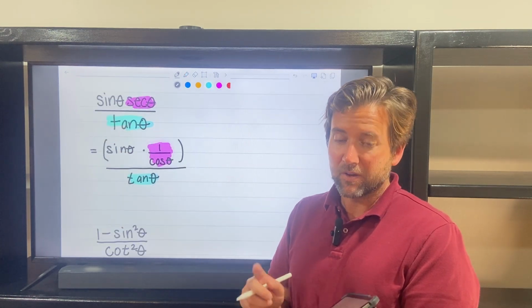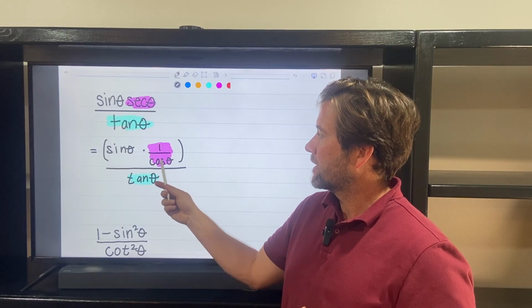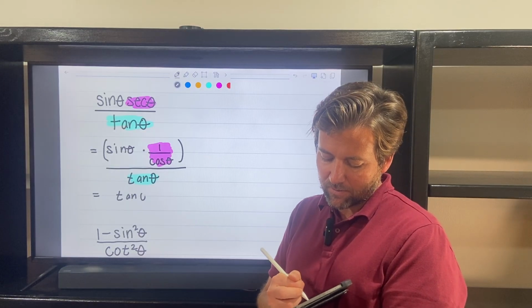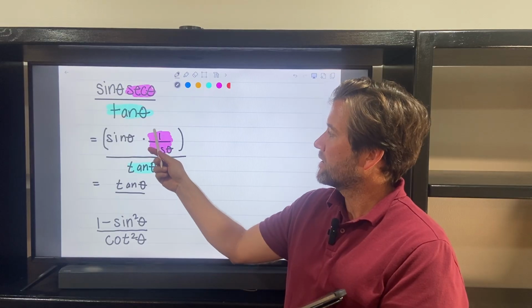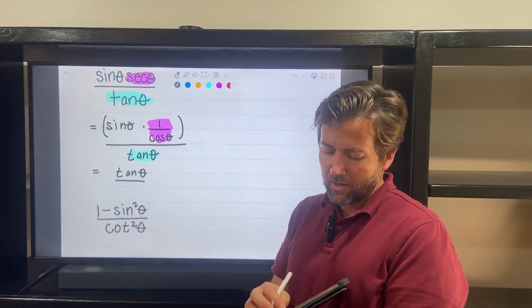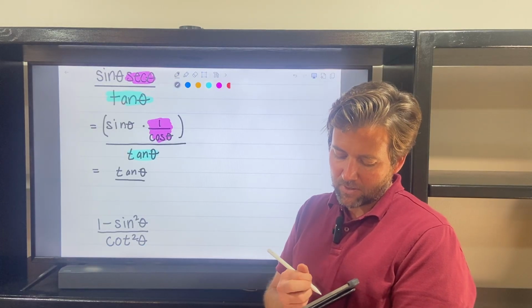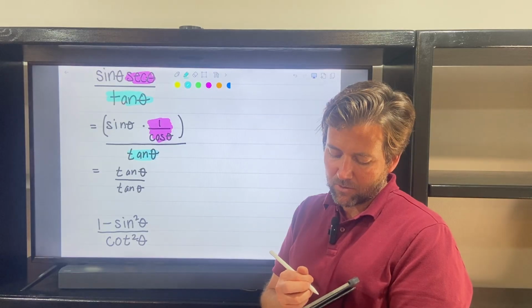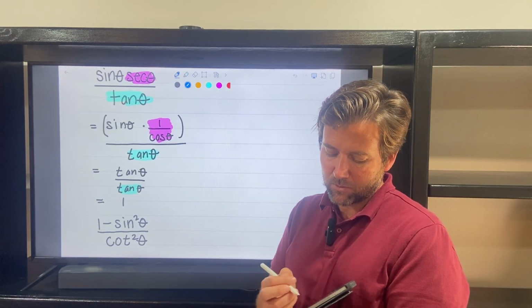All right, it would be great if you know that sine of theta times 1 divided by cosine of theta will just give us tangent of theta. So this numerator becomes sine of theta over cosine of theta, which is tangent of theta. And in blue there I have highlighted tangent of theta. And this is great. So tangent of theta divided by tangent of theta is equal to 1.